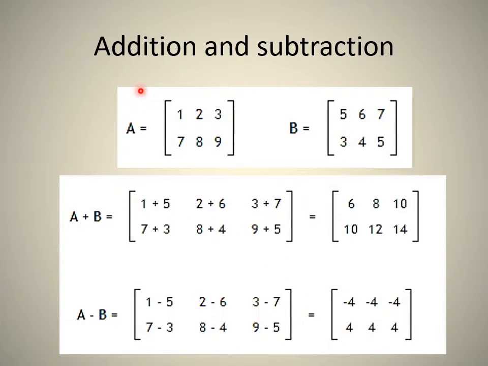So consider the next possibility. We have matrix A and matrix B, and you can see in terms of the order of this matrix, 2 rows, 3 columns, 2 rows, 3 columns. So they are exactly of the same order, so we can add the two matrices together.